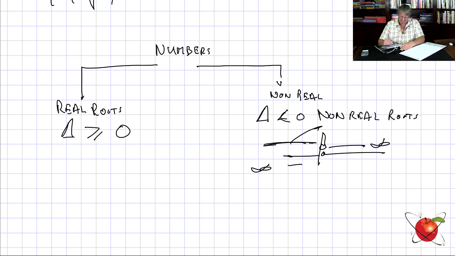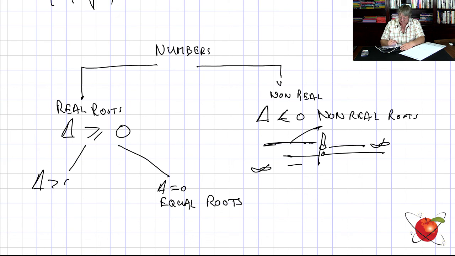Now, the next thing is we can split this again. We can say delta equals 0, and we then get equal roots. Can you see I'm just splitting apart these signs? Delta greater than 0, we get unequal roots.